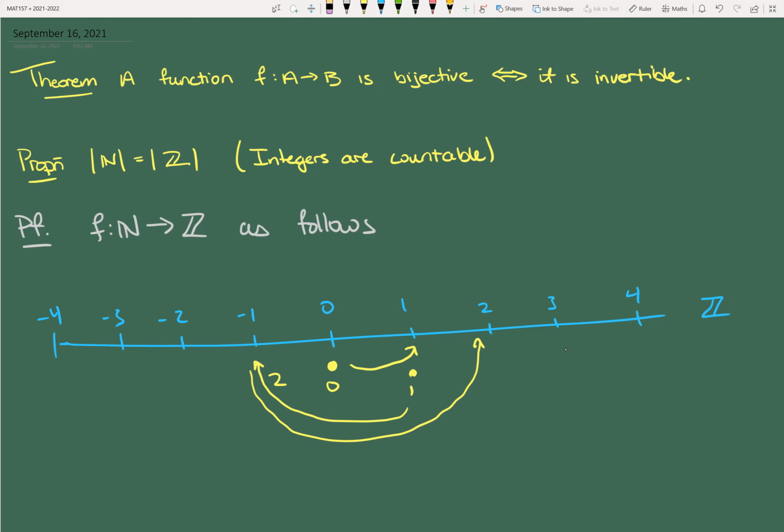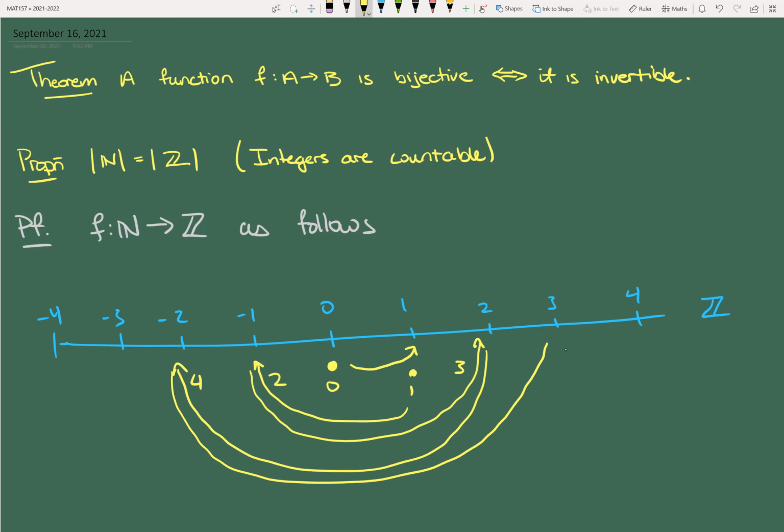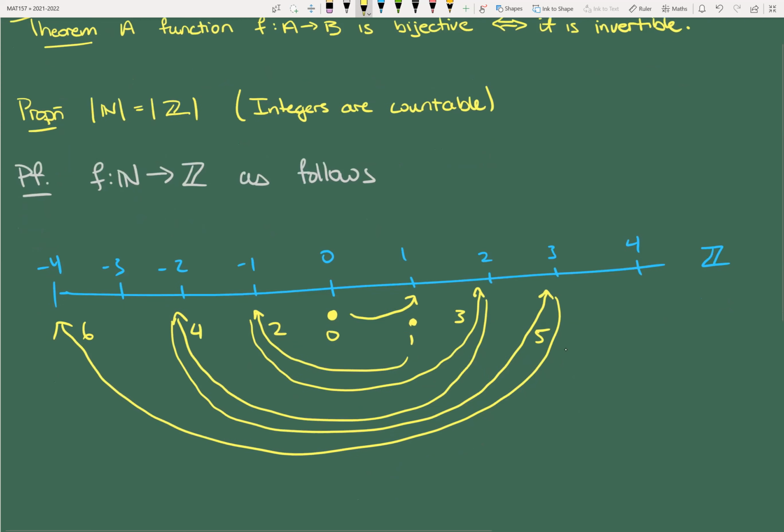And I'm just going to keep alternating like this. 4, 5, and so on, right? 6, 7. So the map is just going to alternate, right? 0 maps to 0, then 1 to 1, 2 to -1, 3 to 2, 4 to -2, and so on and so forth.